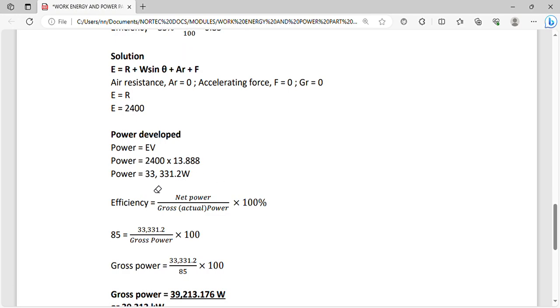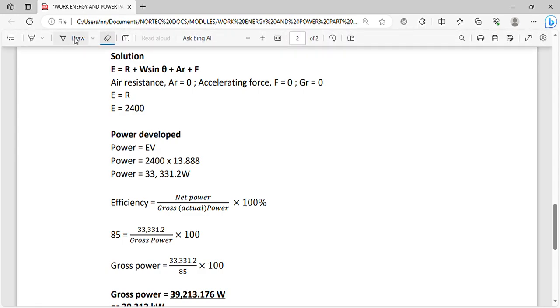So what should the engine do? How much power should come from it? So this is where we now explore the formula for efficiency. The formula for efficiency for such is net power over gross or actual power coming from the engine, expressed as a percentage or times 100.